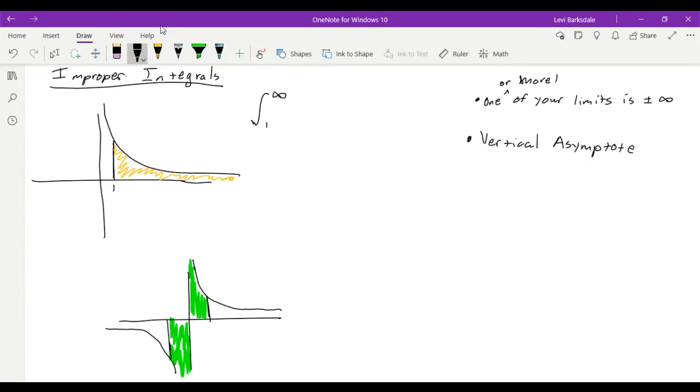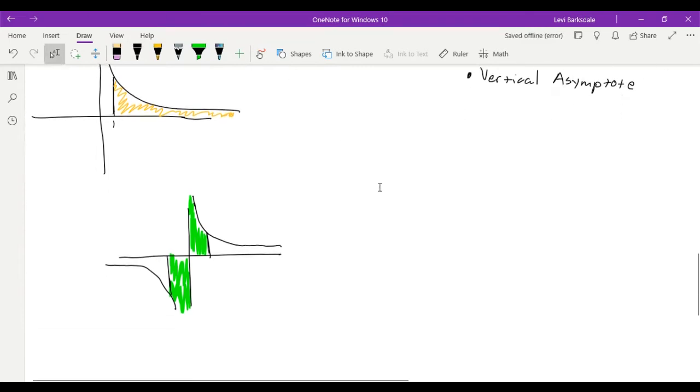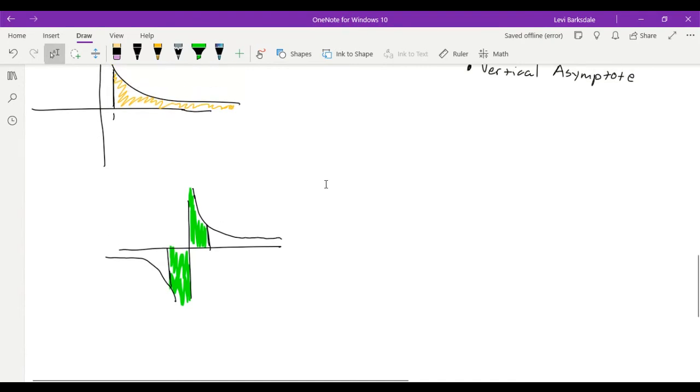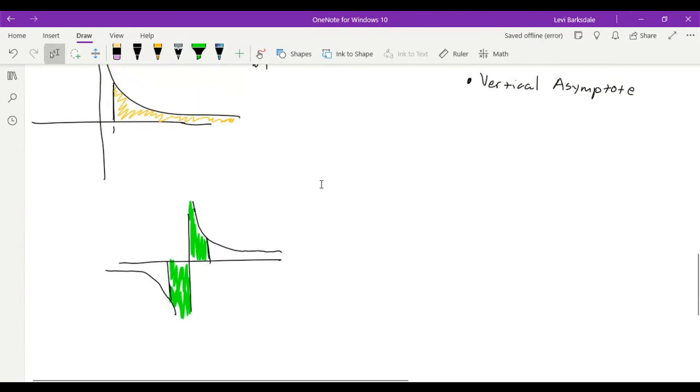And the way we actually solve these is similar regardless of what kind of improper integral it is. We basically rewrite our problem spot, the spot that causes the integral to be improper, as a limit.